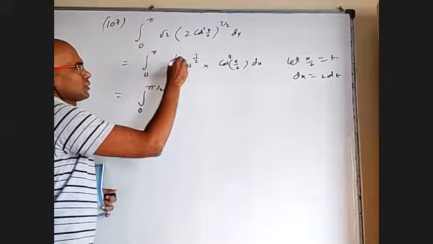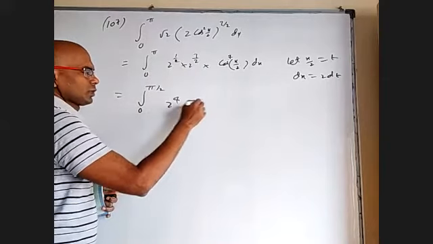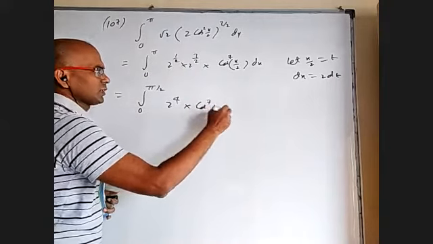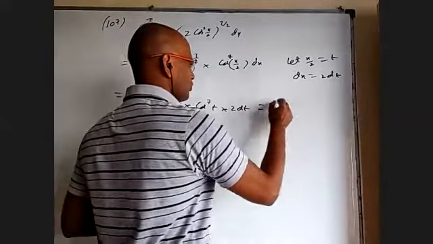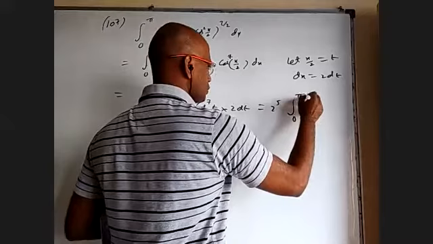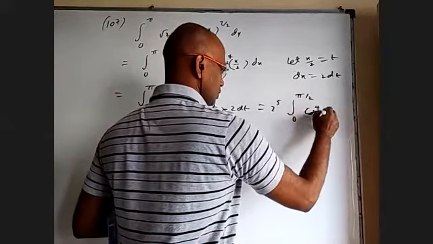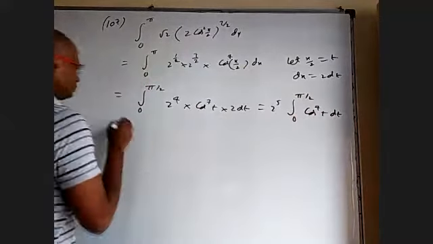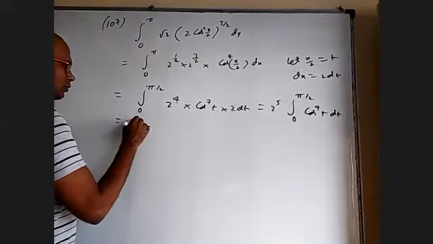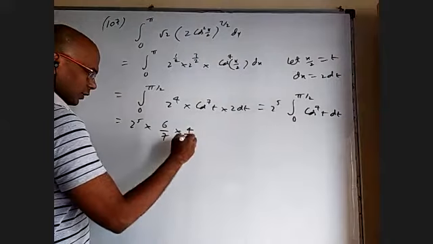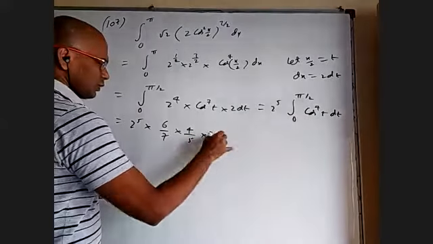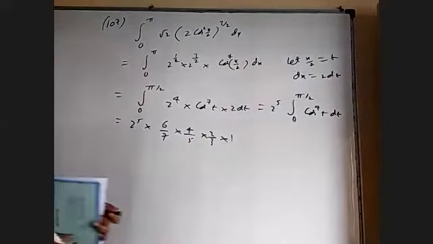This into this together is 2 power 4. This is cos power 7 t, and dx is 2 dt. So 2 power 5, 0 to pi by 2, cos power 7. According to the formula, it will be 6 by 7 into 4 by 5 into 2 by 3. Whenever it ends at 2 by 3, we write 1.